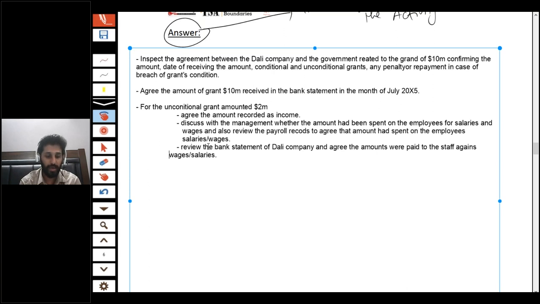So you can expect that you have written 1, 2, 3, 4 procedures, right? Now, this story for the unconditional grant has been completed. Now, for the conditional grant of 8 million, what will you be writing, and what should you write?